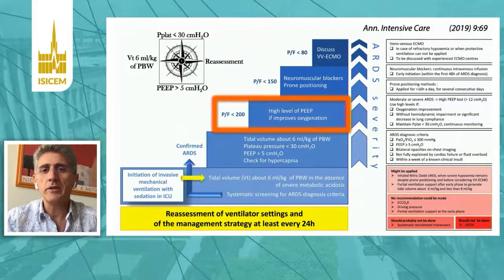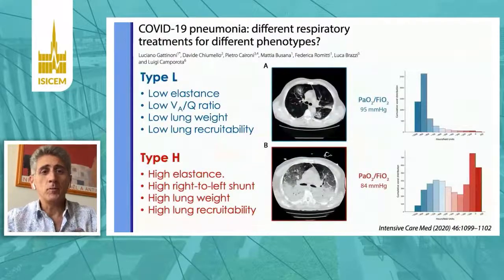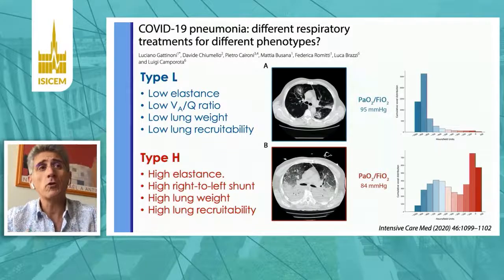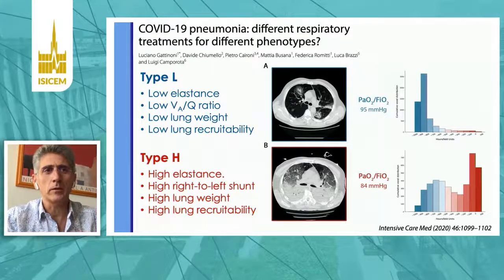Interestingly, in patients with COVID-19 pneumonia, as Luciano Gattinoni has shown, you may have actually different respiratory phenotypes. If you look at these two patients, they have roughly the same PO2 FiO2 ratio. A patient depicted with a CT scanner in A is breathing spontaneously, and these patients have a very low elastance, low shunt fraction, low lung recruitability, and low lung weight.